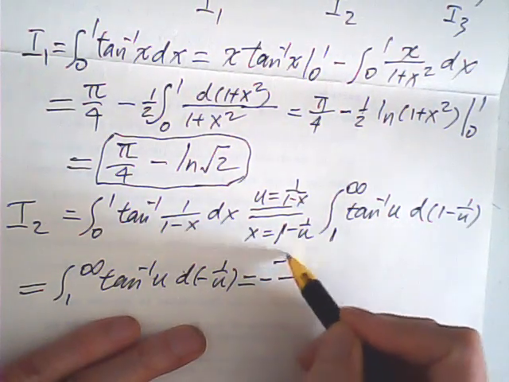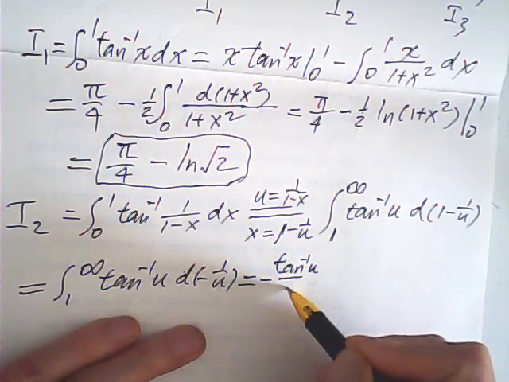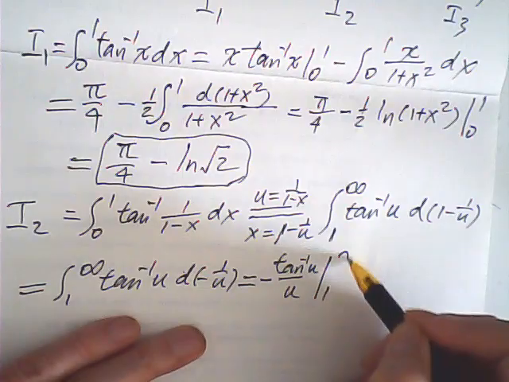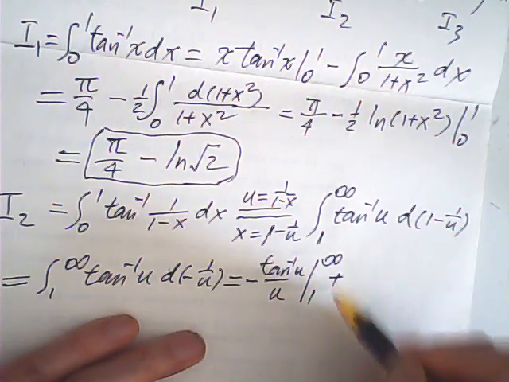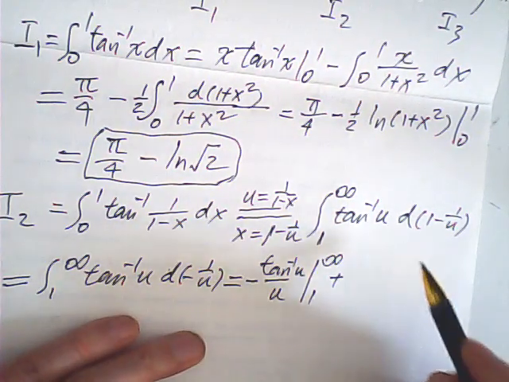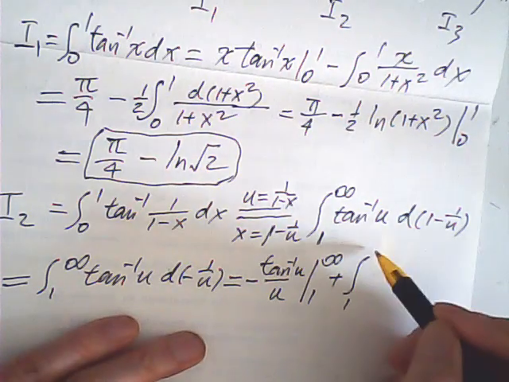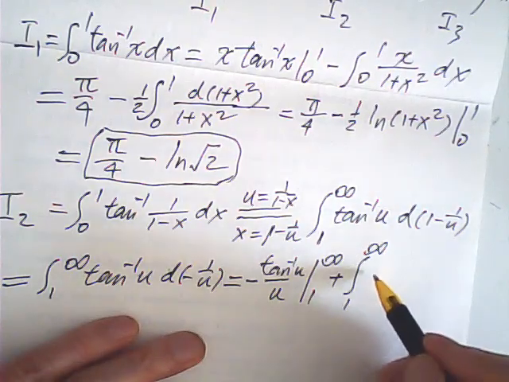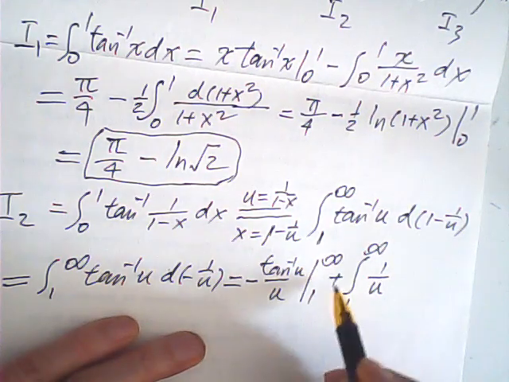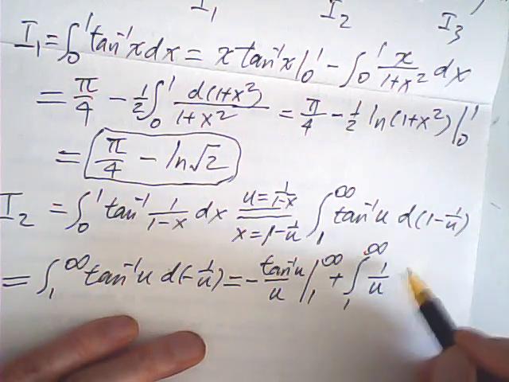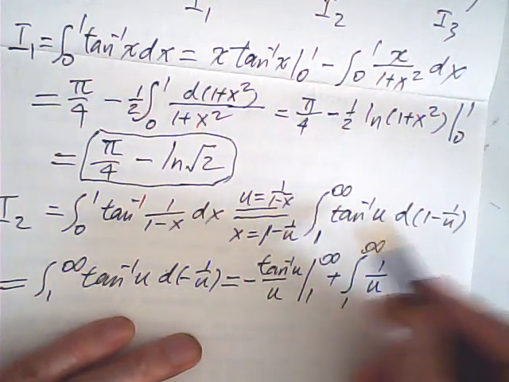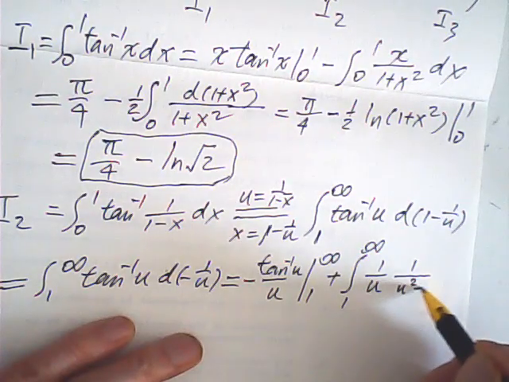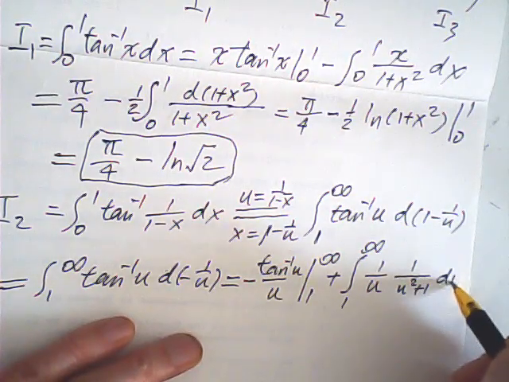This is arctangent u from 1 to infinity plus the integral of v. V is 1 over that, right? Change the sign to negative. And the derivative du is equal to 1 over u squared plus 1 du.